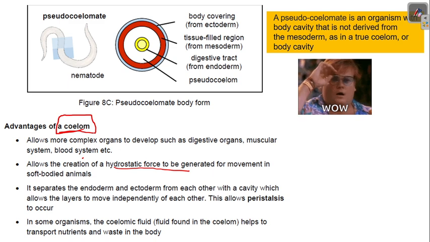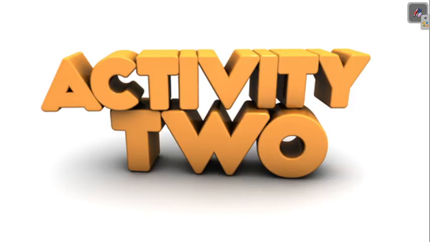This allows what we call peristalsis to occur, right? Remember peristalsis from the digestive system you did in grade 9, right? Then in some organisms, the coelomic fluid found inside the coelom helps to transport nutrients and waste. So those are the advantages of having a coelom as an organism.